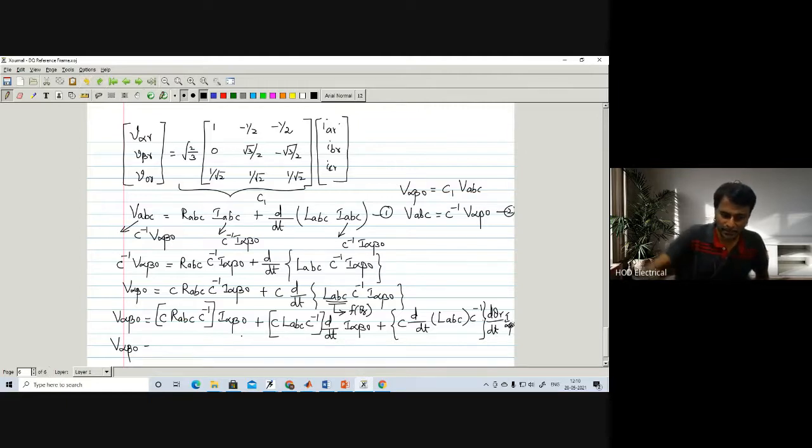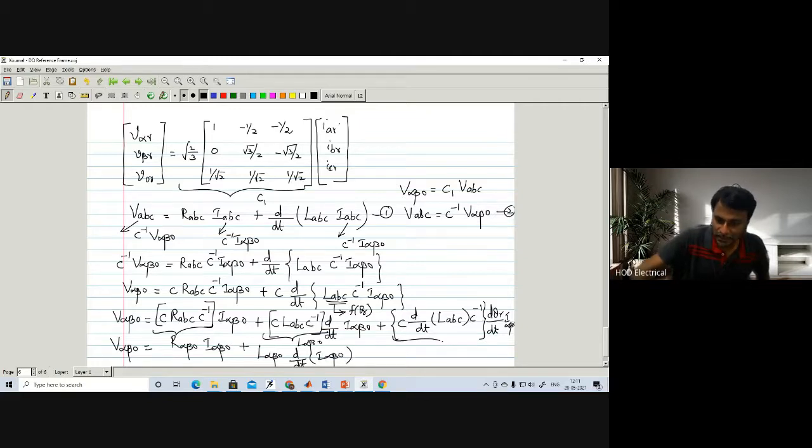Finally, let me arrange this equation. V alpha beta naught equals, I can write this whole matrix as R alpha beta naught into I alpha beta naught, plus this entire matrix we can write as L alpha beta naught into d by dt of I alpha beta naught.